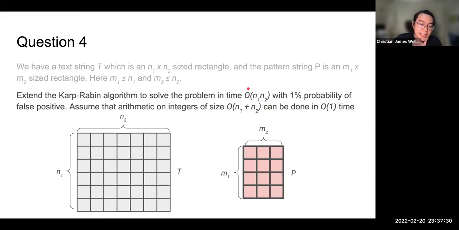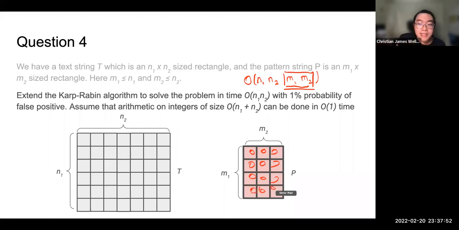Let's see how different it is from the previous one. The previous one we had O(N1 N2 M1 M2), and this cost is incurred every time we do a matching, because there's always time spent to check that every value is matching.